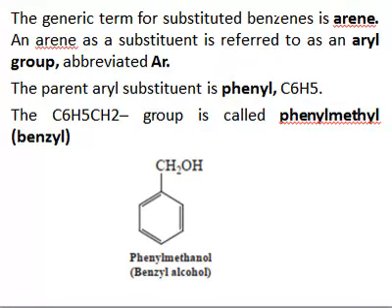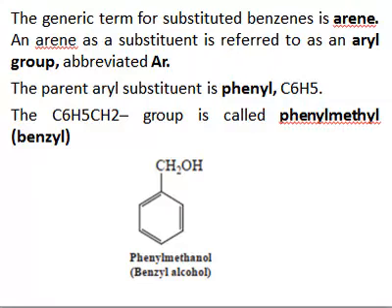So whenever benzene is substituted, the substituted benzene is known as an arene. In case benzene is a substituent in a compound, then it is called an aryl group, right?